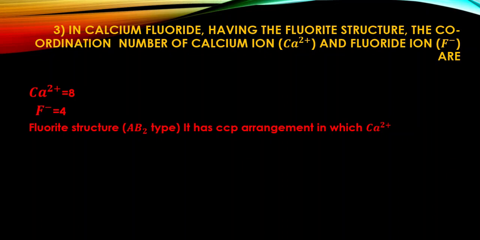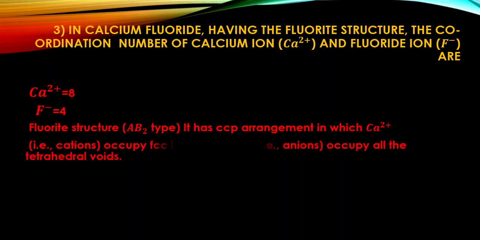It has CCP, cubic close packed, arrangement in which Ca2 positive, that is cations, occupy FCC, that is face centered cubic, and F negative, that is anions, occupy all the tetrahedral voids. That is Ca2 positive is FCC with coordination number 8, and F negative is 4, that is tetrahedral voids.